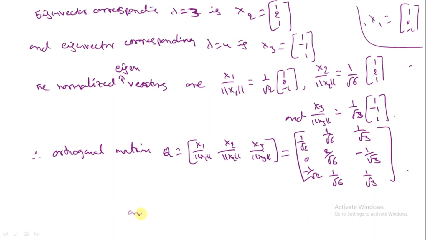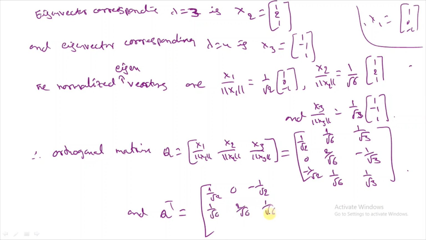And Q transpose is the transposed matrix. Now this is the orthogonal matrix.